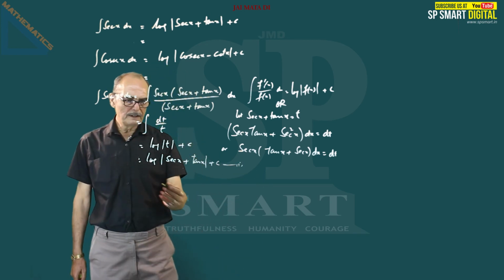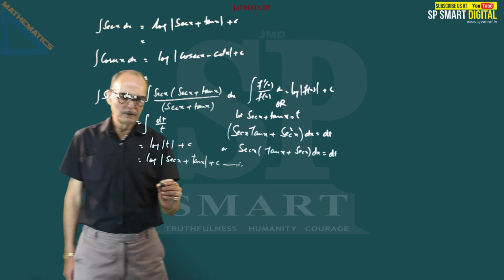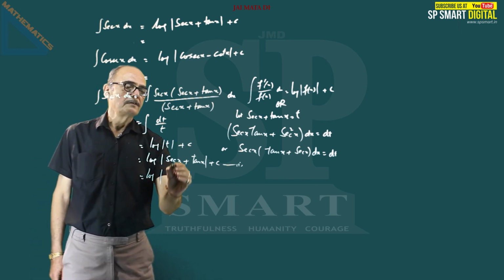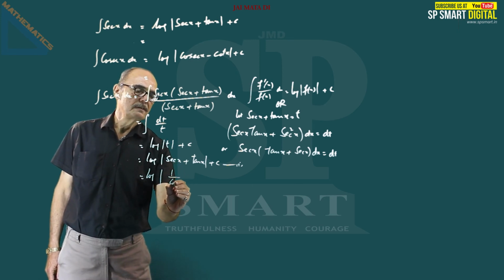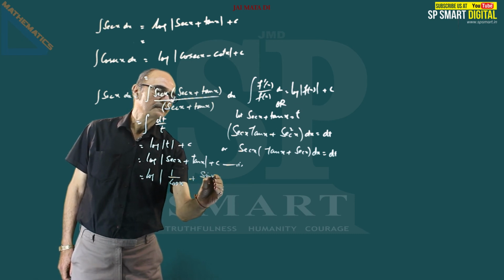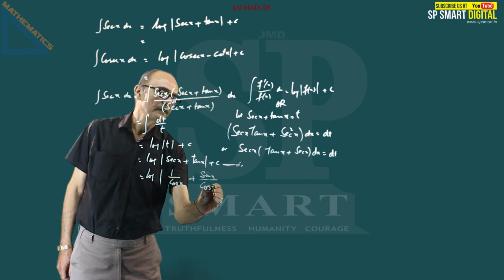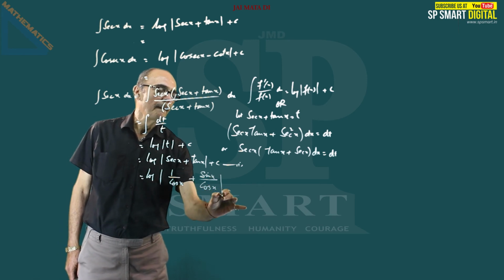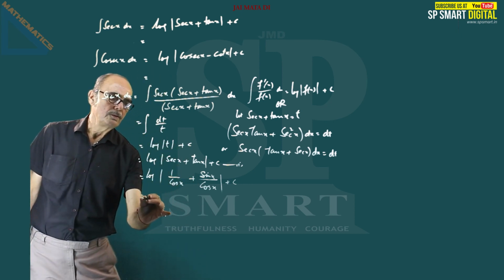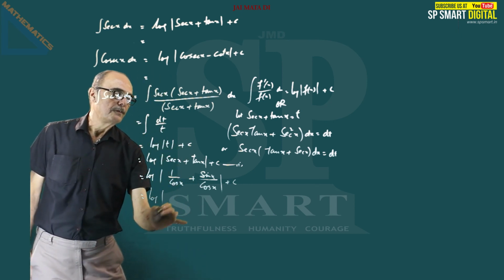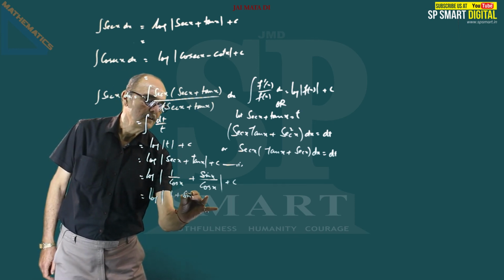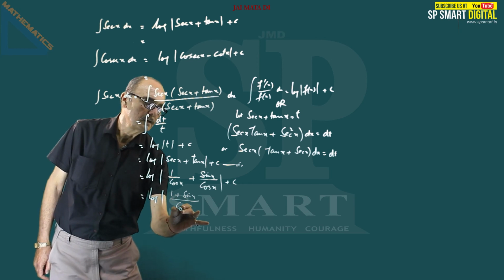If you want to go one step further, this will change to log of secant x, which is 1 by cos x, plus sin x upon cos x, plus c, or this is equal to log of 1 plus sin x over cos of x.